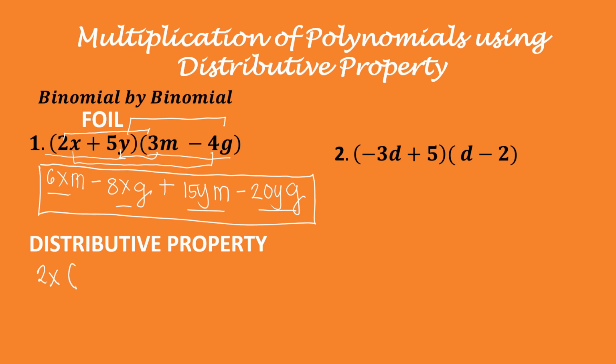This will be distributed to the second set, which is 3m minus 4g. And then the second term in the first set is positive 5y. We have to write it in this way. So this is 2x plus 5y, our first set. Then we have to rewrite the second set.